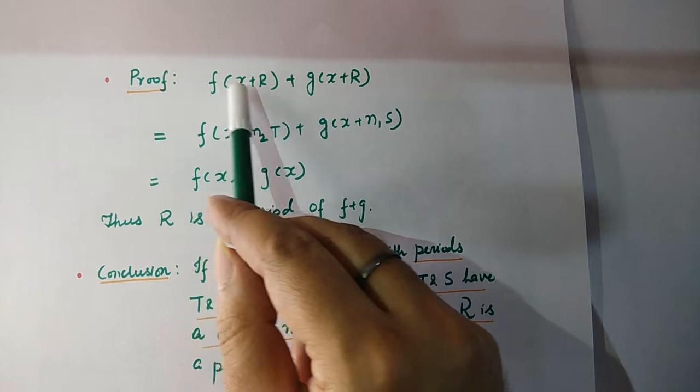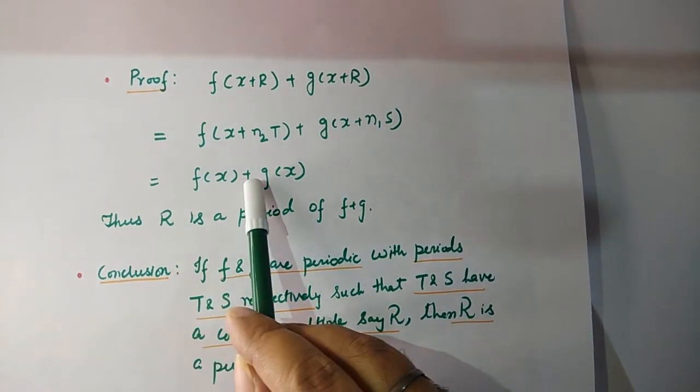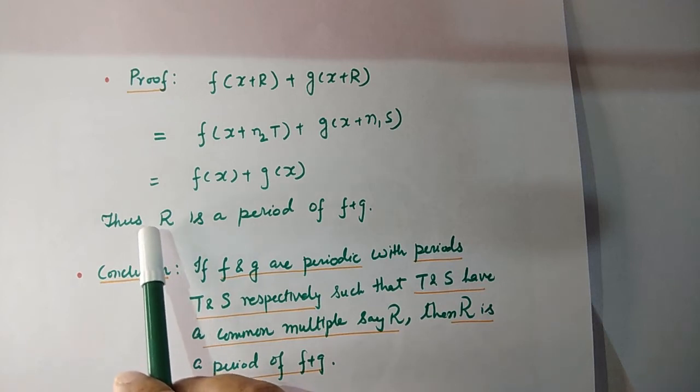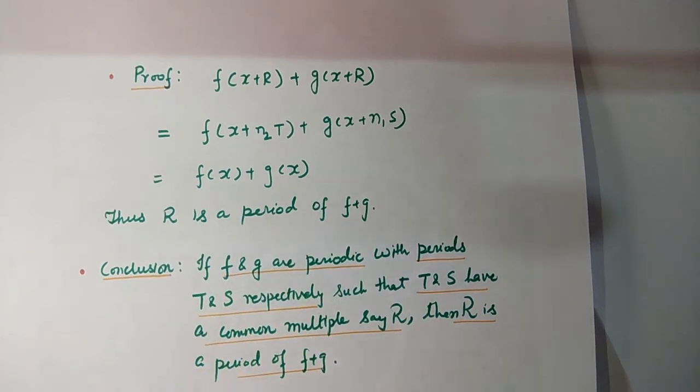So f of x plus r plus g of x plus r is equal to f of x plus g of x. Thus we conclude that r is a period of f plus g. So if t and s are periods of f and g such that t and s have a common multiple, say r, then r must be a period of f plus g.